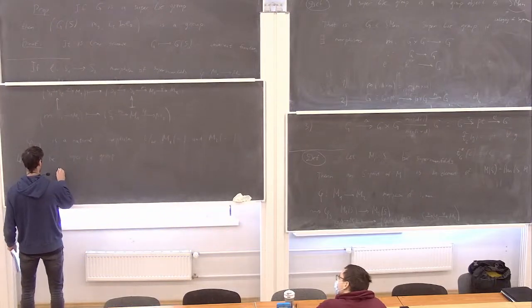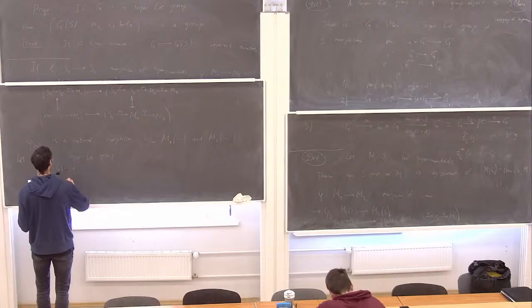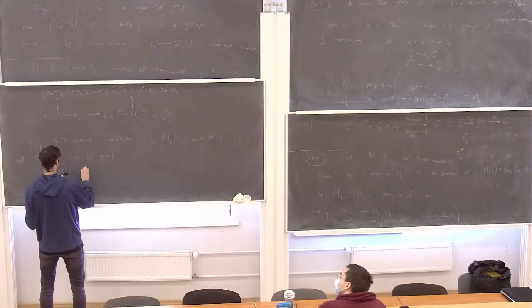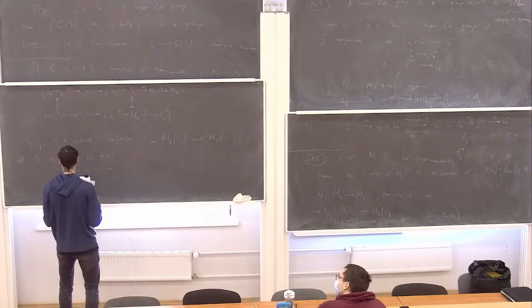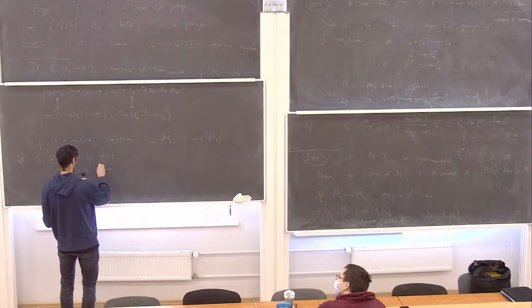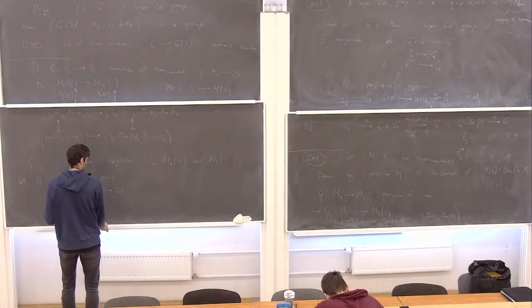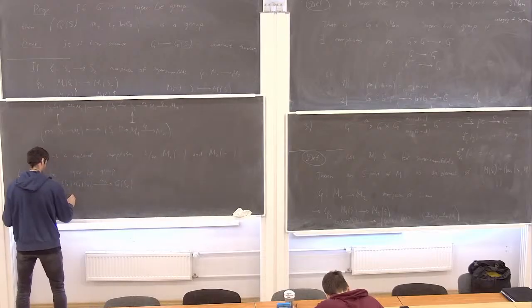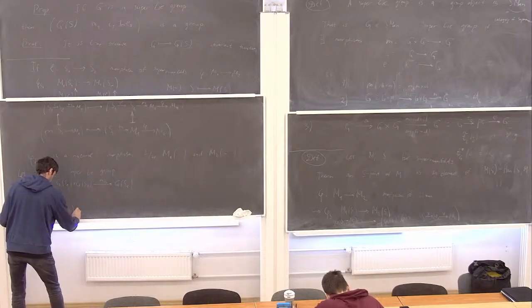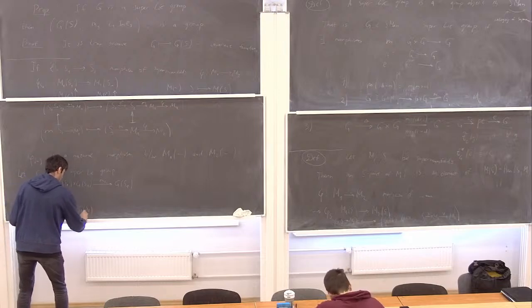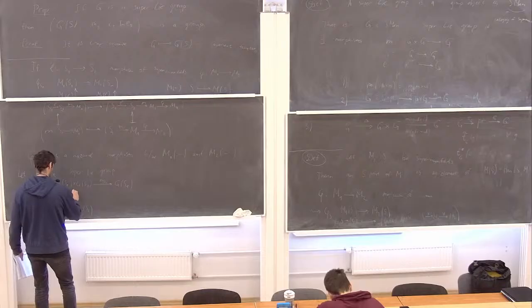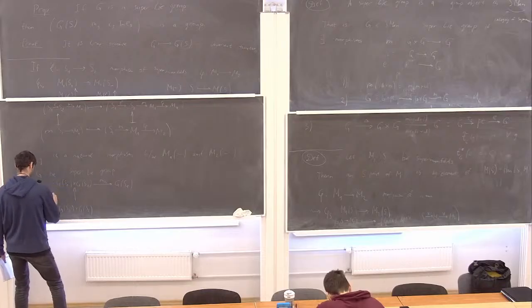I have G times G of S2 and G times G of S1, which goes by M S1 to G of S1. Then G of S2 times G of S2. So this is G times G of L.